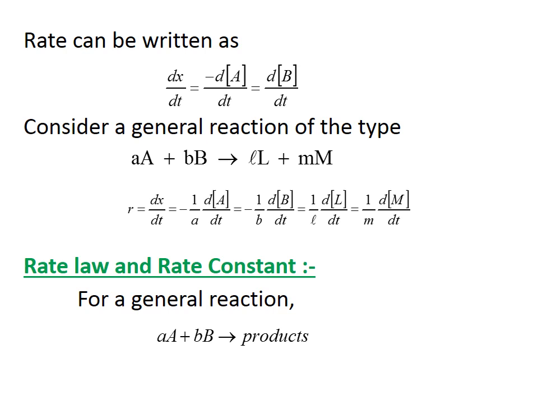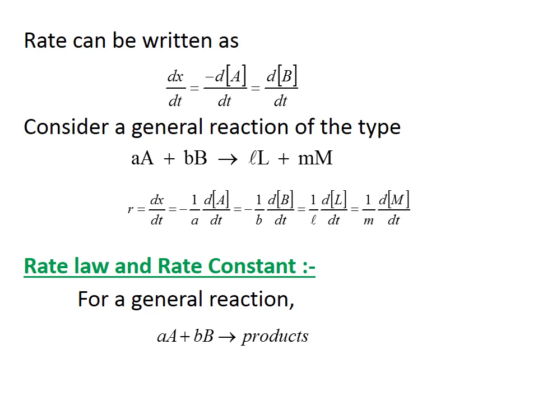The rate will be equal to dx by dt in general form, or in terms of A, minus 1 by a into dA by dt, that is, the rate is divided by the number of moles, or this will be equal to minus 1 by b dB by dt. Here A and B are reactants and their concentrations decrease, so we put minus.